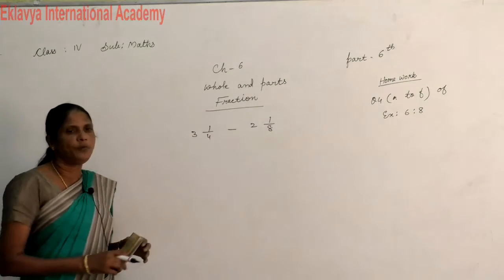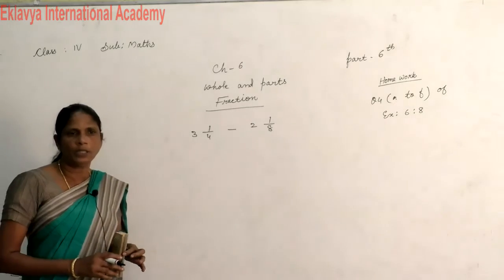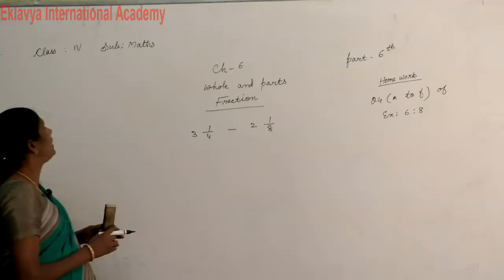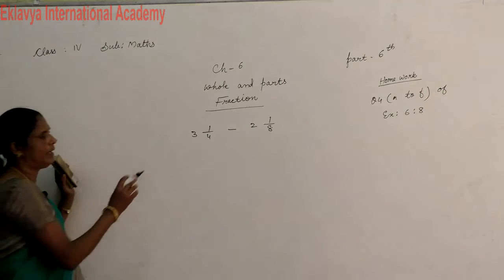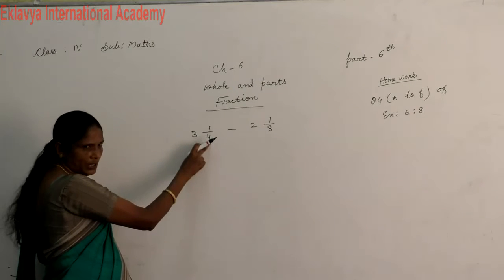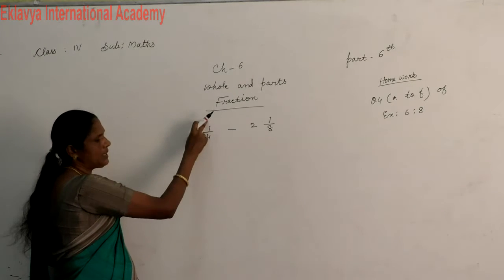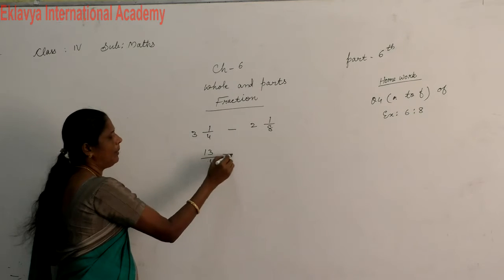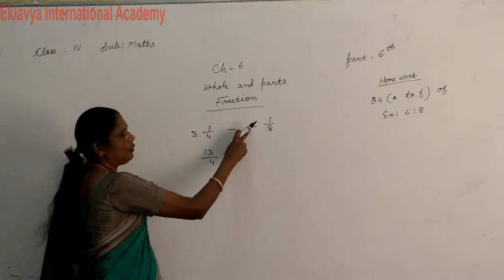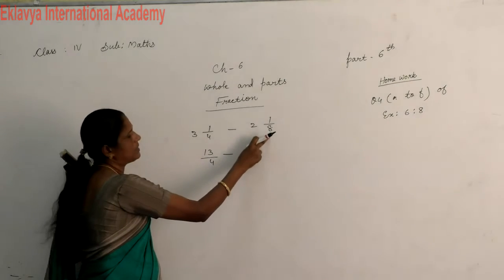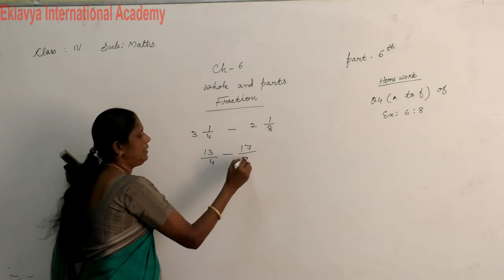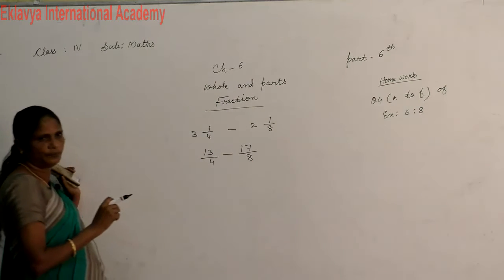Then what is the formula? Whole number multiply denominator plus numerator. That is 3 4s are 12. 12 plus 1, 13. 13 by 4 minus 2 8s are 16. 16 plus 1, 17. 17 by 8.